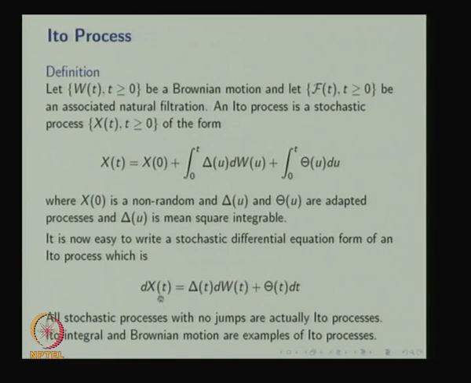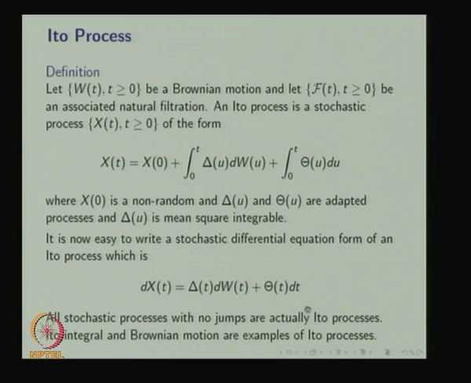The way you write the stochastic differential equation, dX_t is equal to delta_t times dW_t plus theta_t times dt. Therefore, if you see the sample path, it is going to be a continuous function. Therefore, all the stochastic processes with no jumps are actually Ito processes.